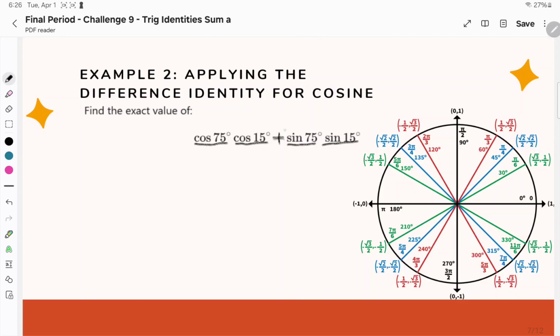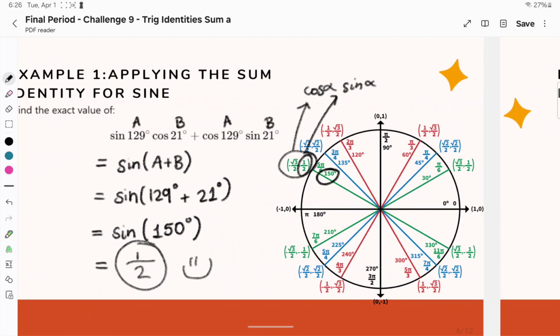So again, we have a sum and we have the product of cosine, cosine, and here of sine, sine. So this reminds me of the sum or the difference of the angles in cosine, right? Of the cosine of a difference or a cosine of a sum. But let's check which one it was.